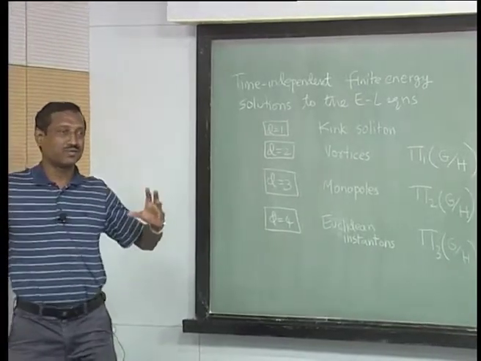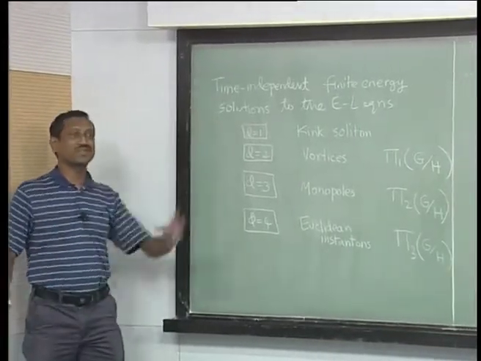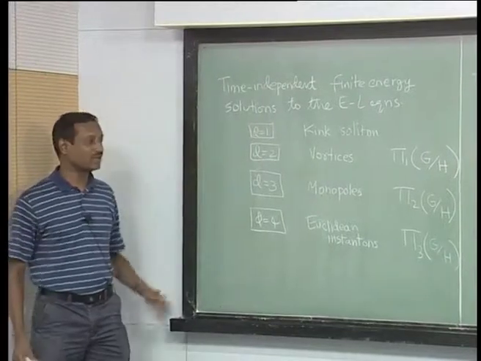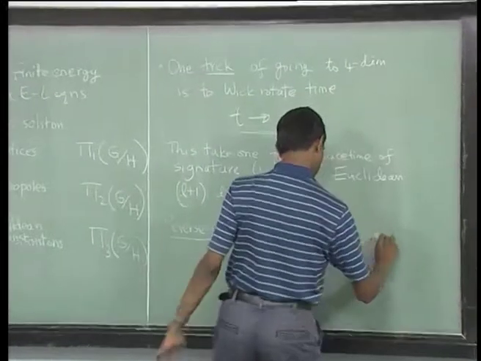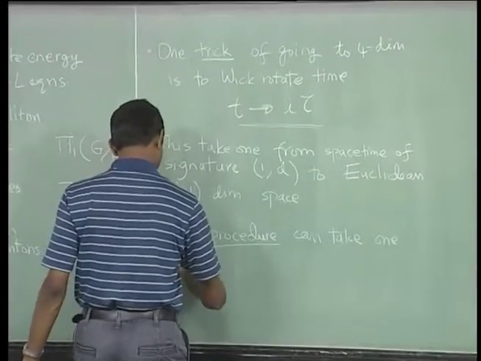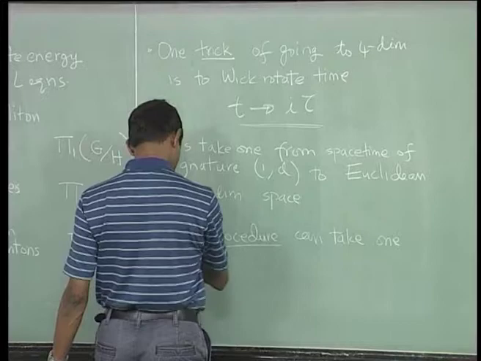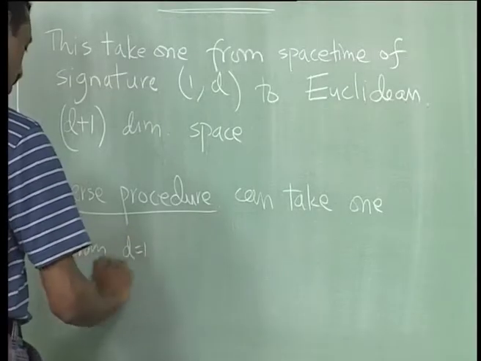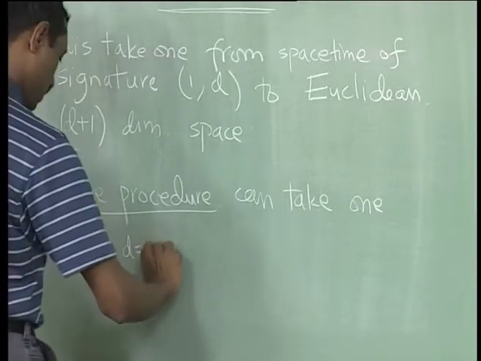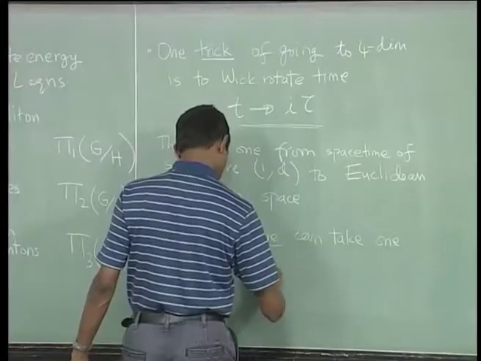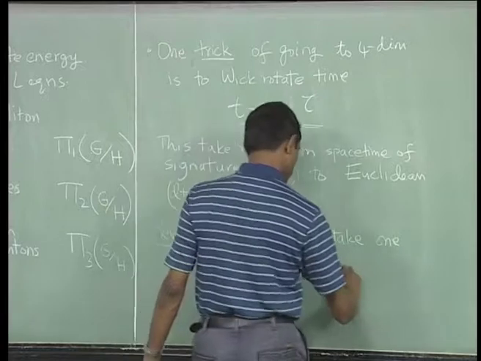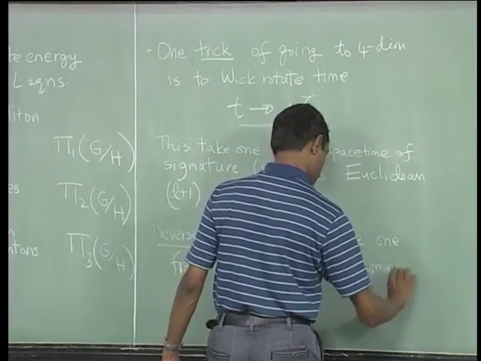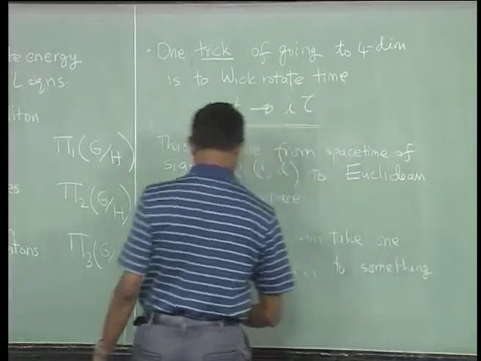So the thing is, you could do the opposite and see if you get the Lagrangian or whatever. Okay. So let us see how that works. So the reverse procedure can take one from one spatial dimension, from a d equal to 1 solution, the kink solution, to something in quantum mechanics.